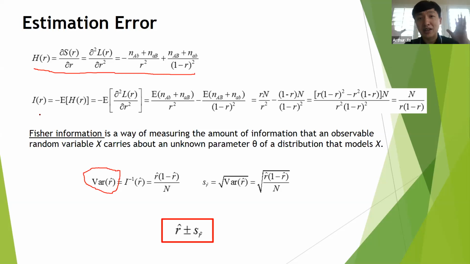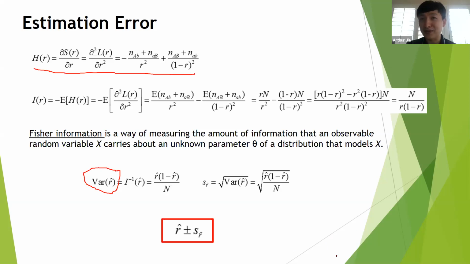The information means, when you have the data, how much the data can give you about the estimation of this parameter. That's the information you can get from the data about the parameter to be inferred. And if we take the inverse of this information, that gives you the variance of this estimation, or how accurately you're going to be able to estimate this R. Is that clear?